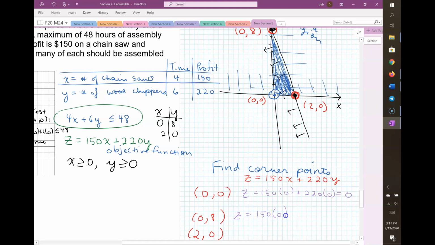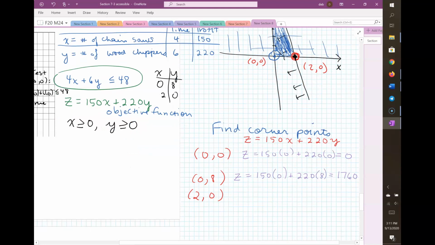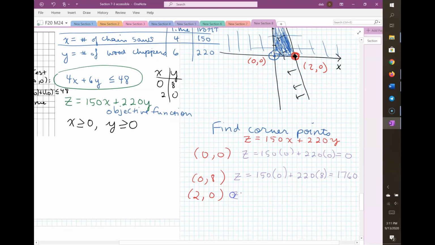That's 150 times 0 plus 220 times 8, and that's going to be 1760. So this says if we make no chainsaws and 8 wood chippers, our profit will be $1,760. And then for the x-intercept, we'll have 150 times 2 plus 220 times 0, and I get 300.